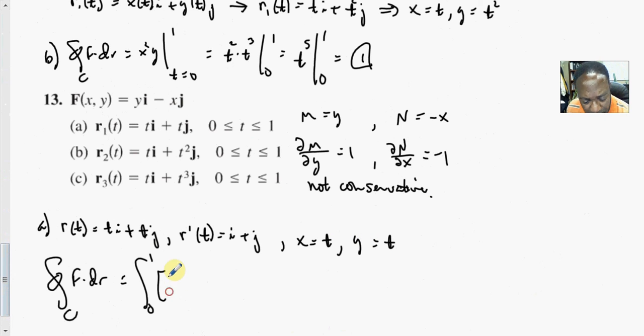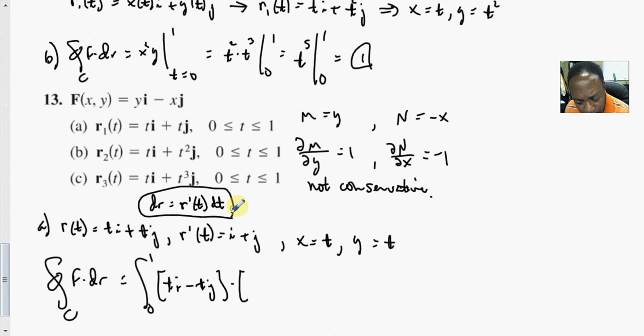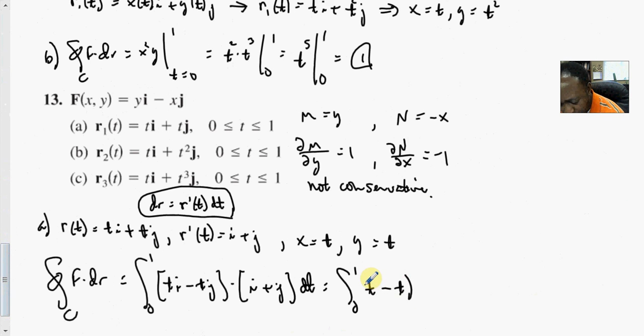So this is t i minus t j, dot product with r prime of t. Remember, dr is r prime of t dt. So r prime is i plus j dt. Take the dot product. We end up with the integral from 0 to 1 of t minus t dt, and that gives you 0.